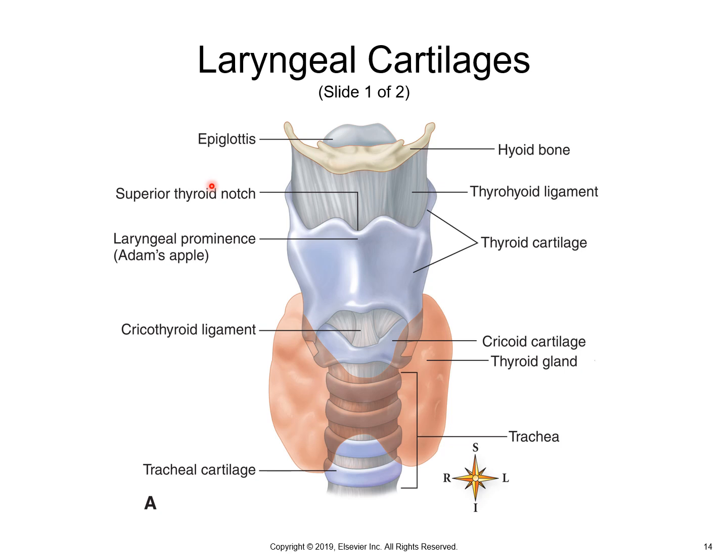So it prevents food and liquid from entering our airway when we swallow. If you've ever gotten choked while you were drinking or eating, it's because the epiglottis didn't close off the airway properly, and you might have aspirated some food or liquid into your airway.